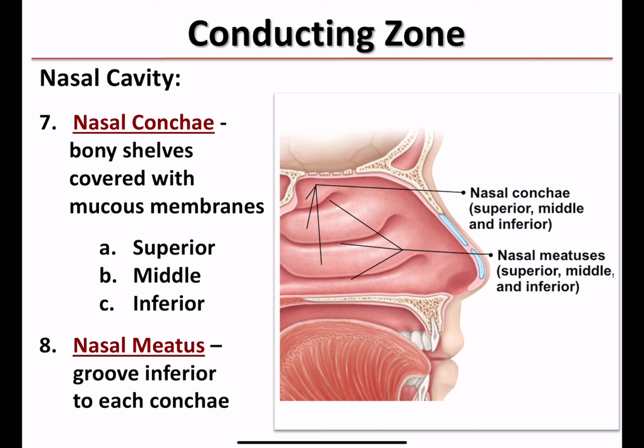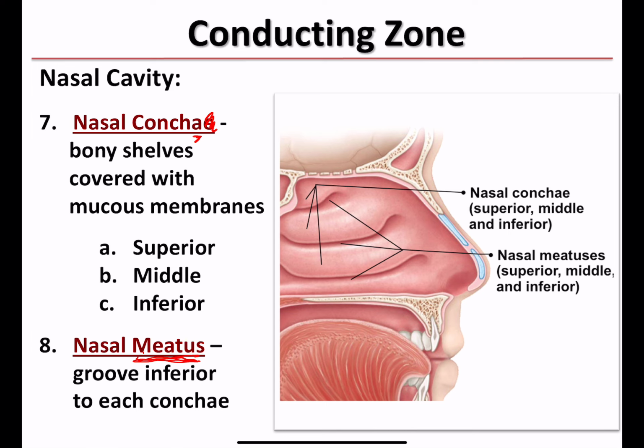The inferior grooves to these conchae, which kind of come out and form awning-like structures, are called the nasal meatuses, the singular of which is nasal meatus. So each individual nasal concha, which is the singular form of conchae, is going to have an associated nasal meatus, or inferior groove.